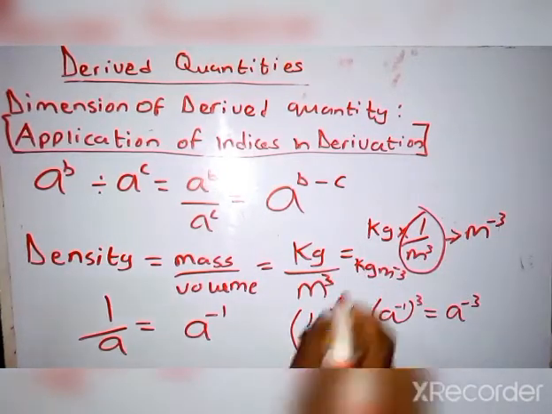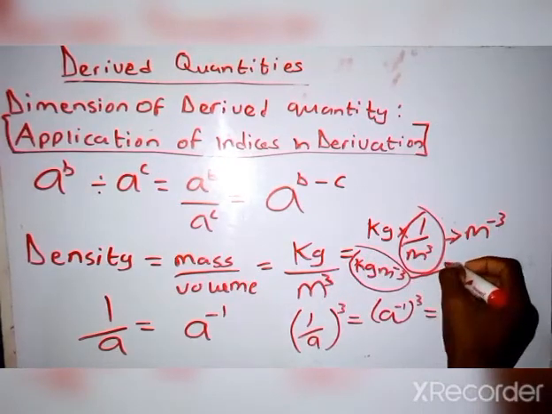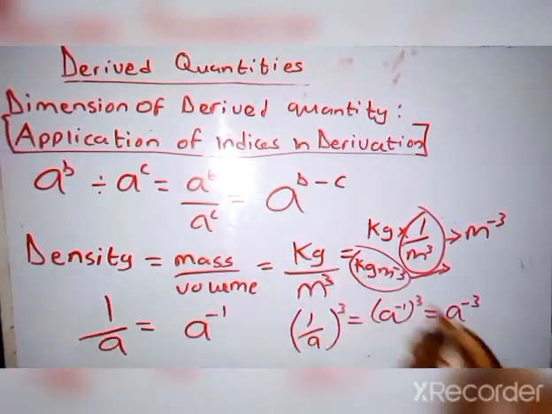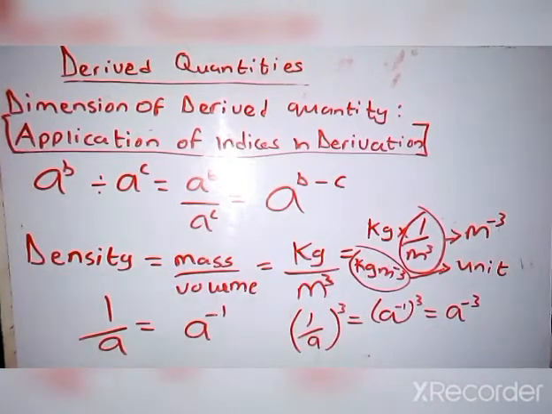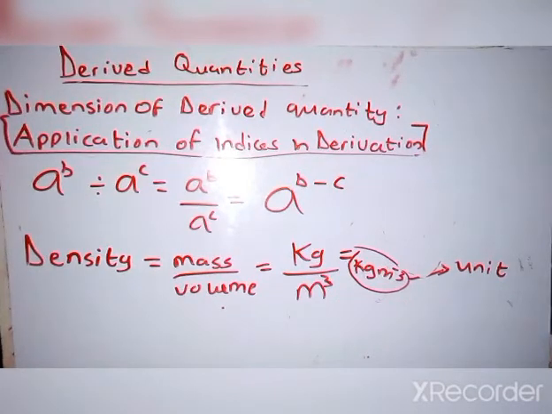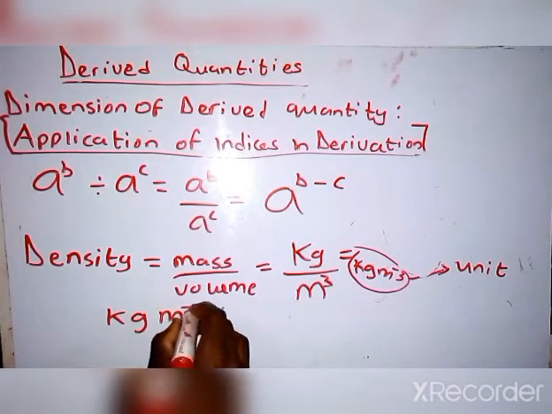So this kg meter to the minus 3 is the unit of density. So we can write the unit of density like this: kg per meter cube.